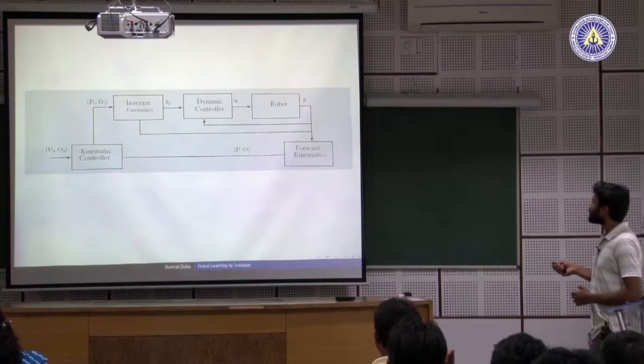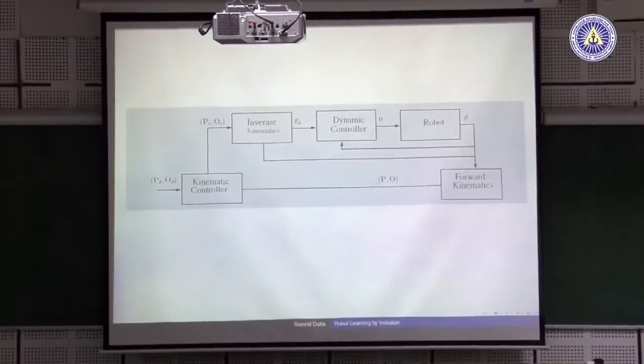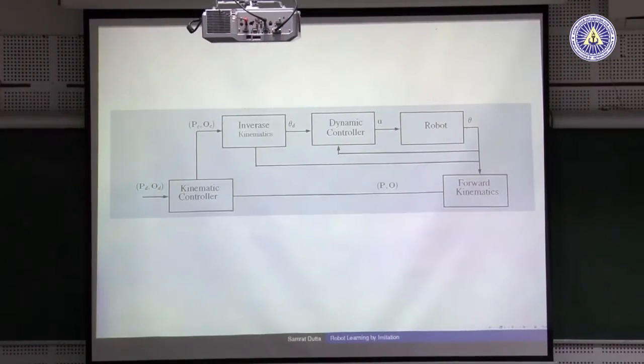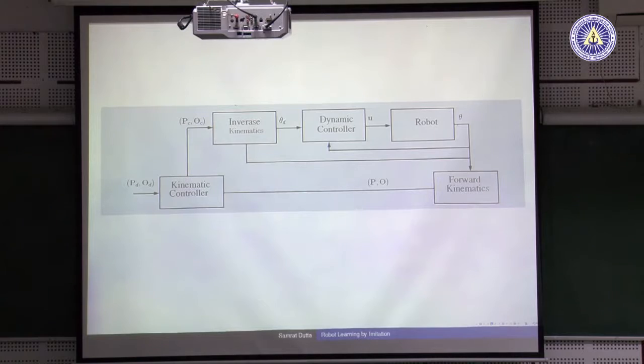Again, from the robot joint positions we compute the forward kinematics, which is the position and orientation in the Cartesian space. What I will talk about here is the design of a kinematic controller, using imitation learning.